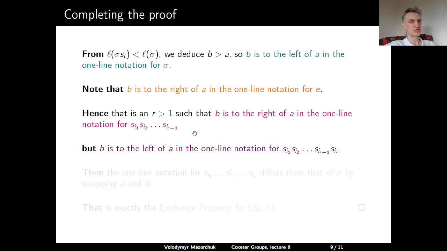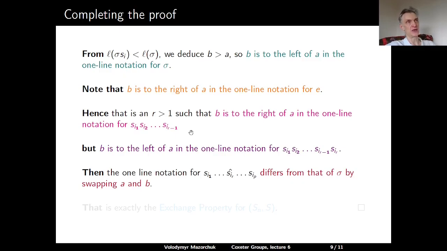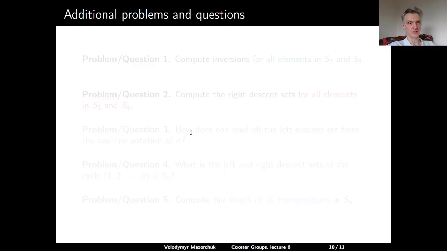So that's a position where B changes from the right to the left with respect to A. Then, if we remove this Sir, the one-line notation for the product Si1 and so on Sip with Sir removed differs from that of sigma by swapping A and B, because we exactly remove the situation when we swap A and B. And that's exactly the exchange property for our pair Sn, S. So we have checked the exchange property and completed the proof of our main theorem.